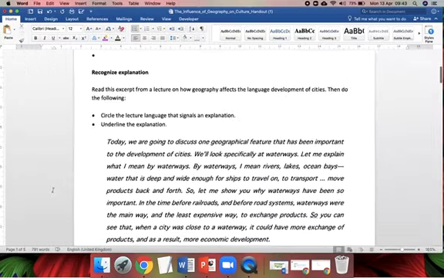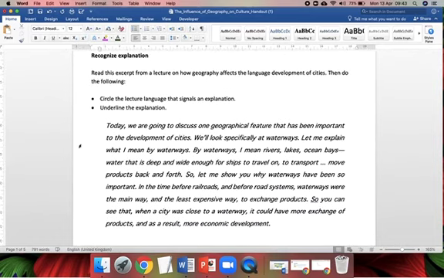So now let's try to find this lecture language. This is a short text from a lecture about how geography affects the language development of cities. Your task is to circle the lecture language that signals an explanation, or maybe let's change it like this: highlight the lecture language that signals an explanation green, and highlight the explanation yellow.